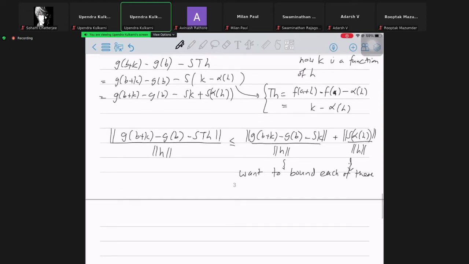So let's say the second term. I know that the norm of S of alpha of h is less than or equal to the operator norm of S times the norm of alpha of h. And I just divide that by the norm of h.